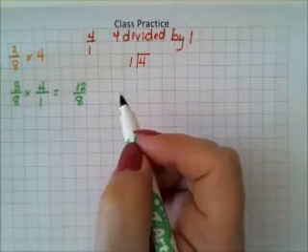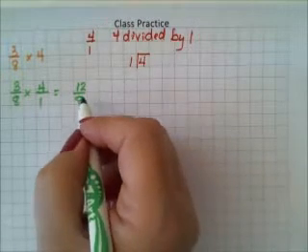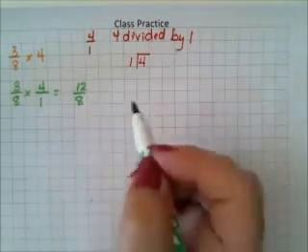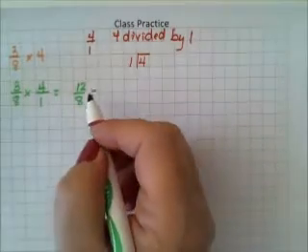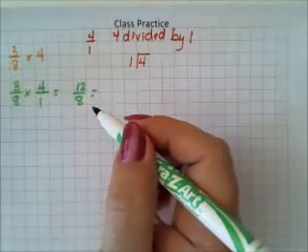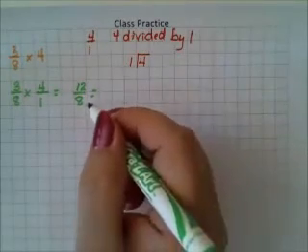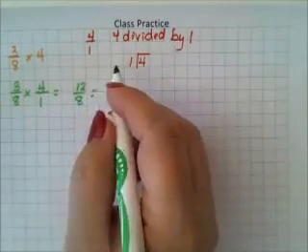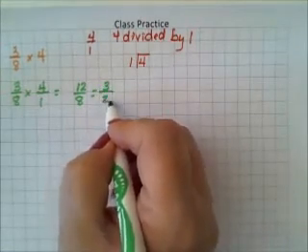Now, I skipped a step in there, so we're going to go back and redo this, because at this point, I would have to reduce this fraction, and I would have to say, what's the greatest common factor that goes into both of these? And that would be 4. If I divided both by 4, 12 divided by 4 is 3, and 8 divided by 4 is 2.